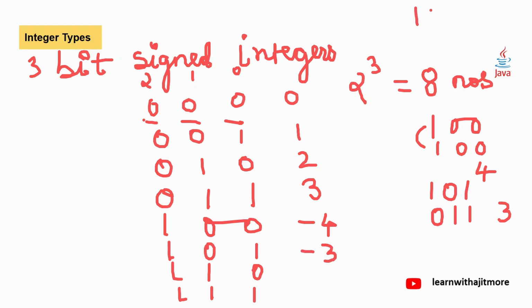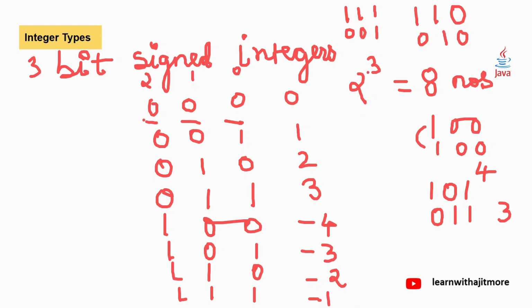Similarly, next is 1, 1, 0. So what is the 2's complement? 0, 1, 0. This is 2, but I have to write minus 2. And last is 1, 1, 1. From LSB till I get the first 1, keep it as it is, then complement. How much is the decimal of this? 1, but I have to write minus 1.